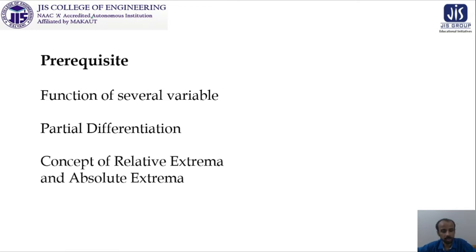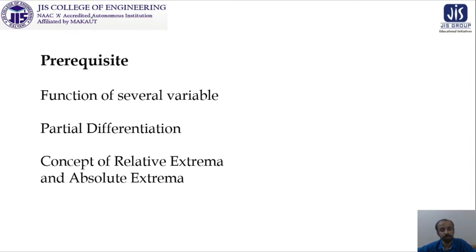Then we need the concept of relative extrema and absolute extrema. In the last class, in the part of extrema, we have discussed the concept of maxima and minima both.